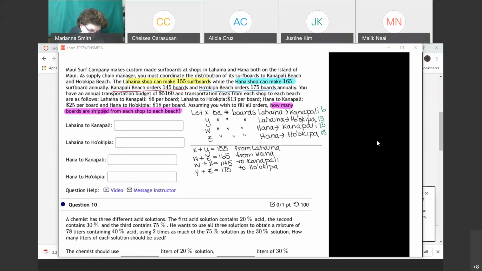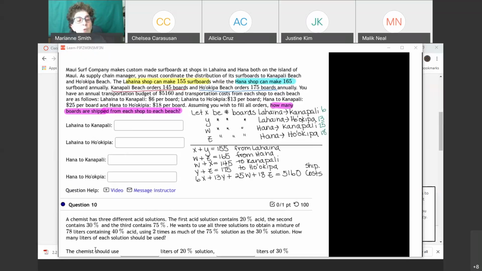So that means 6 times X plus 13 times Y plus 25 times W plus 18 times Z must equal 5,160. So this is shipping costs. Okay.